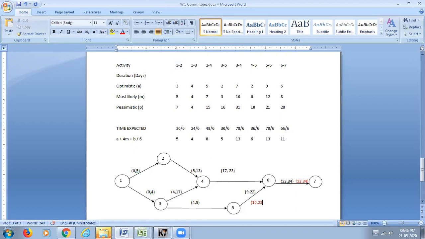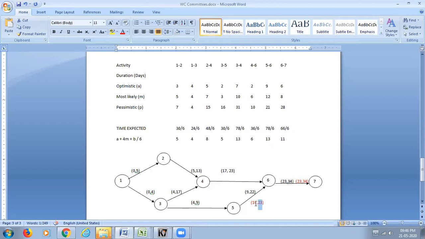So using this backward timing, I take this starting time as the finishing time here, and when this is the finishing time, when should it start? Finishing time minus the time expected, that is here for 5 to 6 it is 13. 23 minus 13, I'll get the starting time.